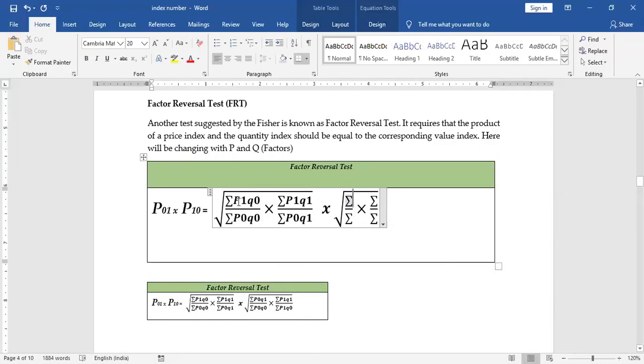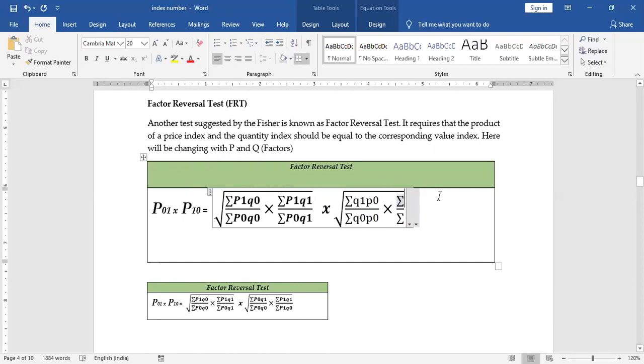Now first P1 Q0. So instead of P, I'll put Q1, and instead of Q, I'll put P0. Factors will be changed. Now we have P0 Q0, I'll be putting Q0 P0. Now here P1 Q1, getting it right?